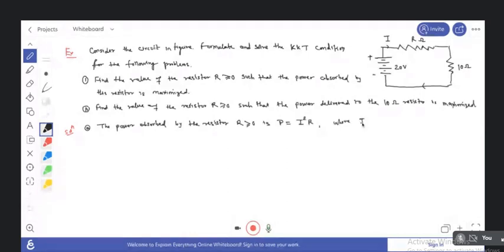By Ohm's law, I equals total voltage upon total resistance. The total voltage is 20 volts, and V equals IR.